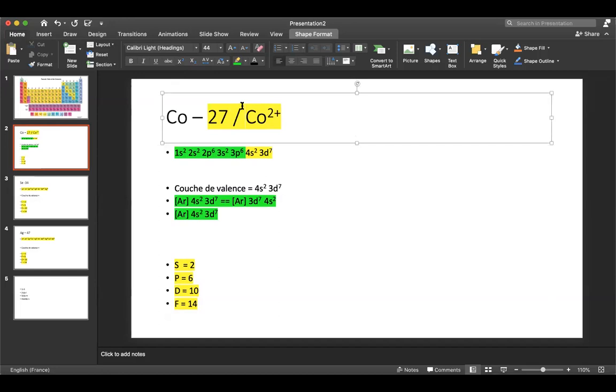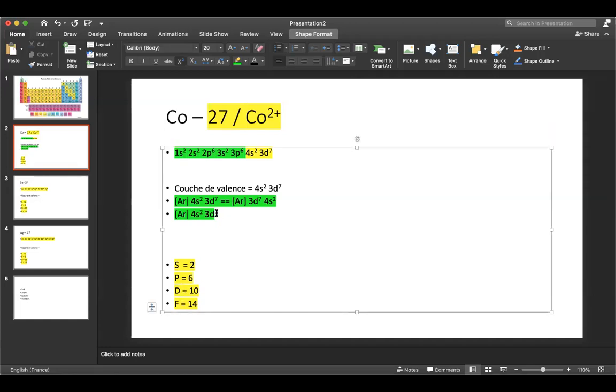If it's a cobalt 2 plus ion, how many electrons is it going to have at the end? It's going to have 5. That becomes the electron configuration for the cobalt 2 plus ion. Ainsi de suite.